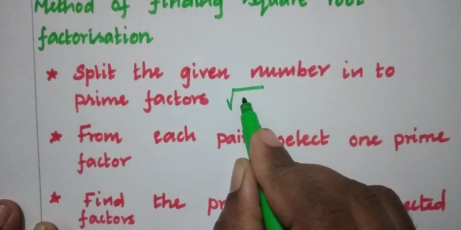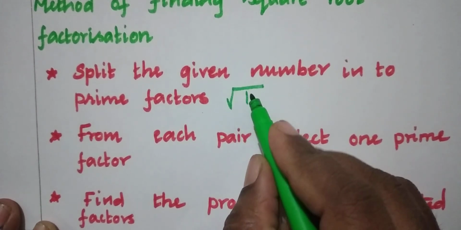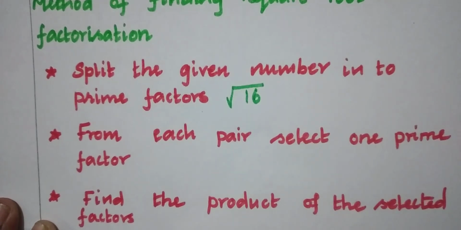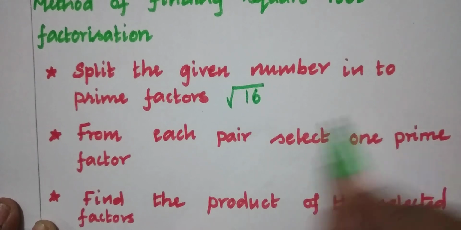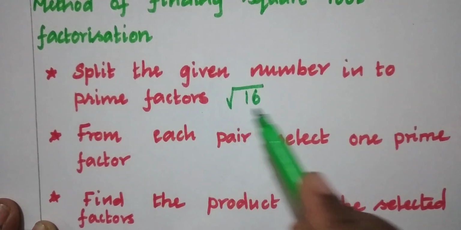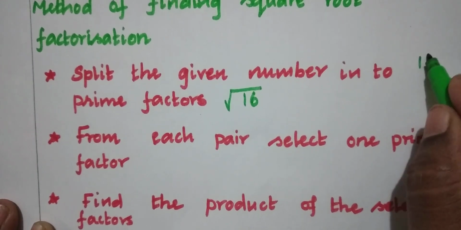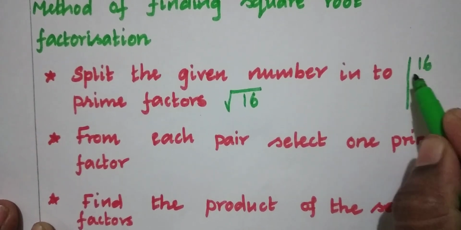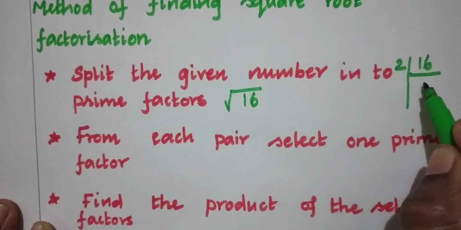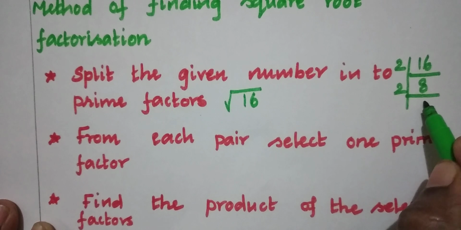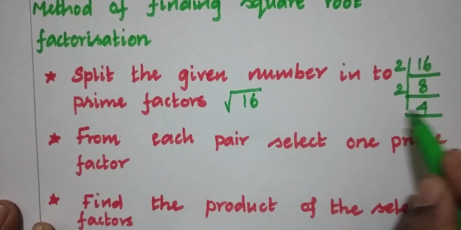we are going to find the factorization for the number root 16. So the first step, split the given number into prime factors. Let us factorize this one. 8 2s are 16. 2 4s are 8.